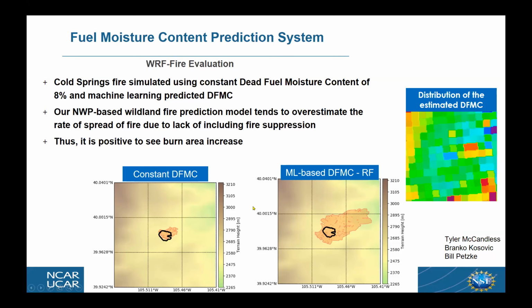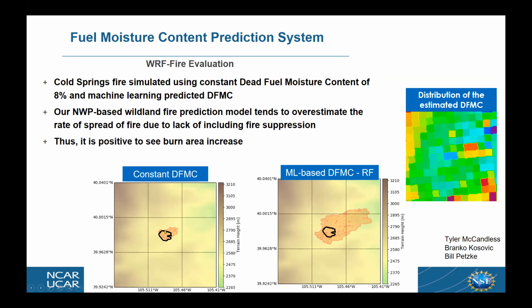For instance, when we're estimating dead fuel moisture in a particular area. This is a case study of the Cold Springs fire in Colorado. The dead fuel moisture content estimate that was the baseline was 8%. But we found that when we used the satellite-based product, it was actually quite variable over the site.